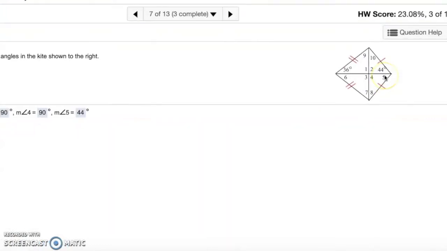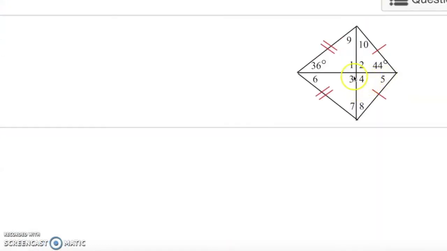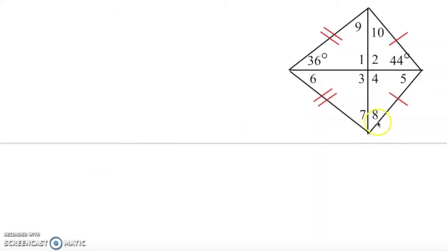Angle 7. To find angle 7, we know angle 3 is 90, angle 6 is 36, and these two plus angle 7 add up to 180. So 90 plus 36 minus 180 gives you 54, and that's going to be angle 7. Angle 8, we do the same thing, except this is 44, so 44 plus 90 minus 180 will give you angle 8.